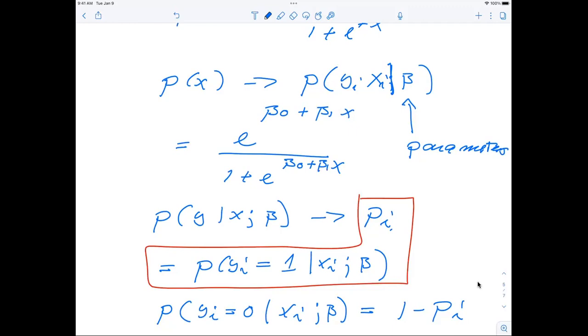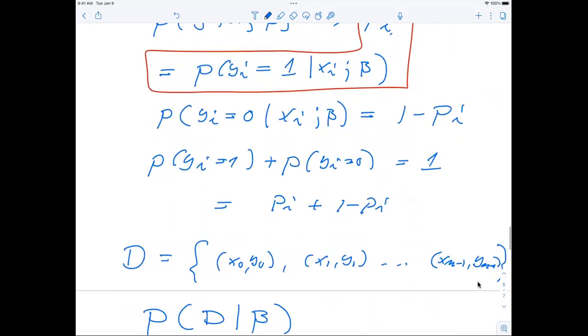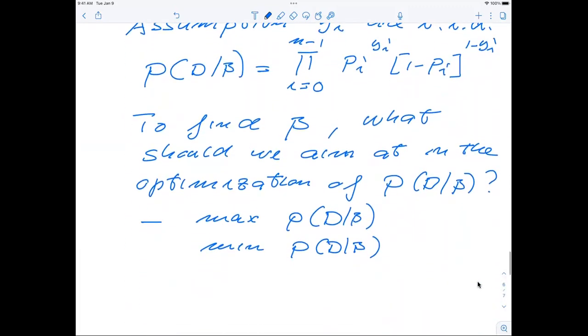And now you're asking the question, what is the optimal value of beta for this probability? And when you're asking that, would you ask: do we want to look at the maximum probability or the minimum probability? So if you're constructing a probability for some type of events, would you prefer to have the minimum probability or the maximum probability?